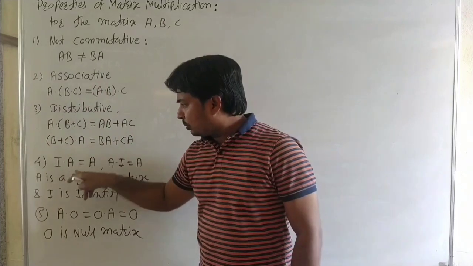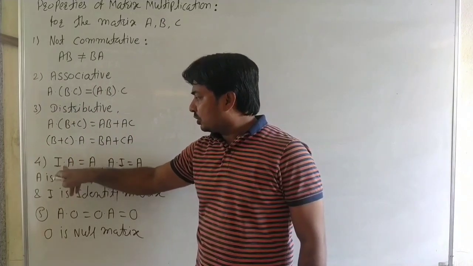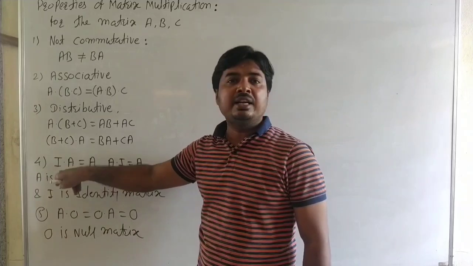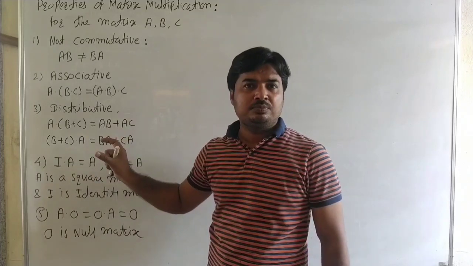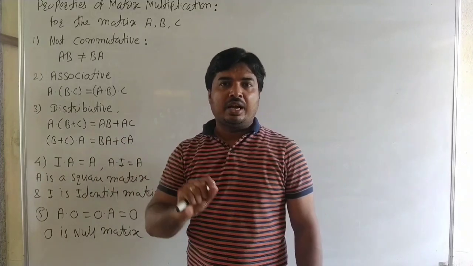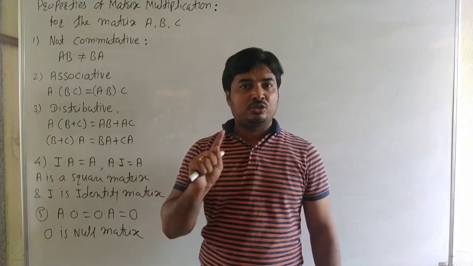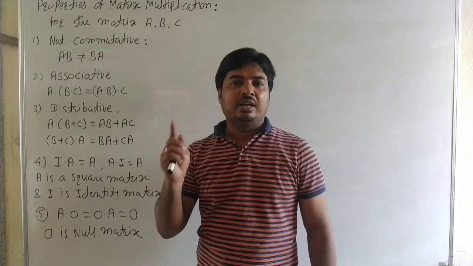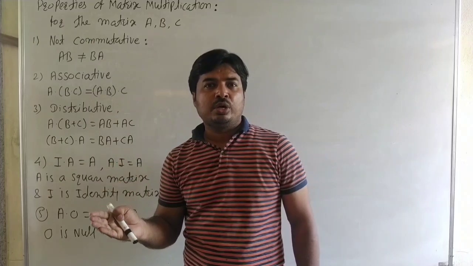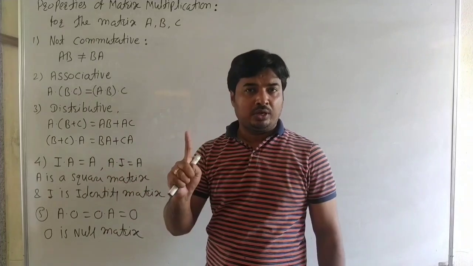Now the fourth property, it is A into I or I into A. I is an identity matrix, that is the unit matrix. Identity matrix means it is a square matrix, the non-diagonal elements are 0 and diagonal elements are 1.